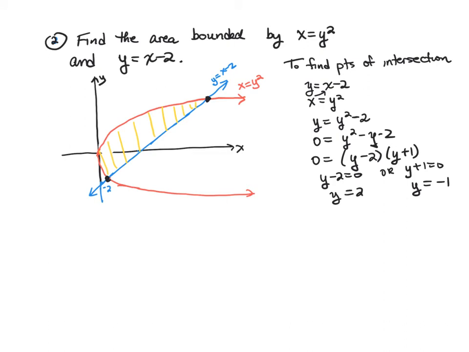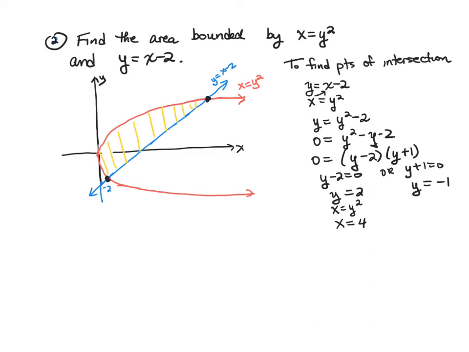But what would be those x values? Well, we could substitute these back into one of the equations. So when we substitute y equals 2 into x equals y squared, we get that x is 4.